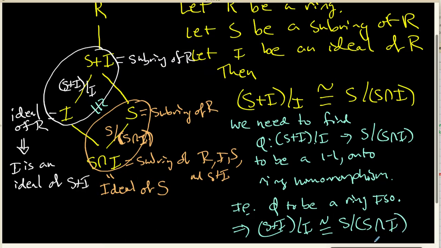Now, in order to come up with a good idea of what map to use, we need to look very carefully at the elements of the two sets that phi is supposed to be mapping from and to.